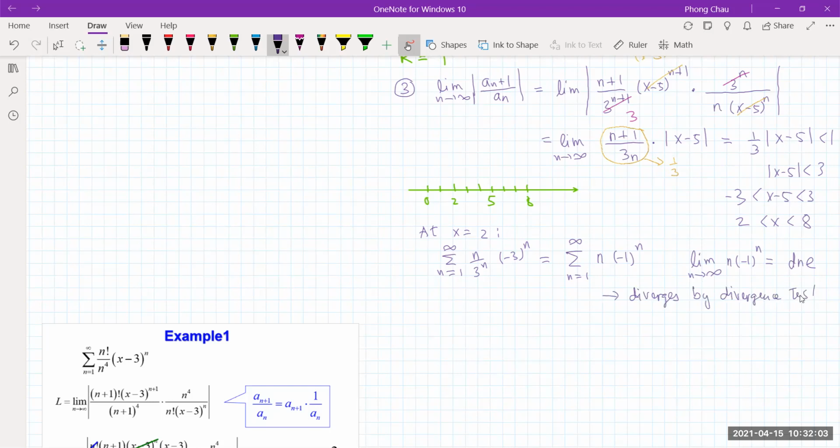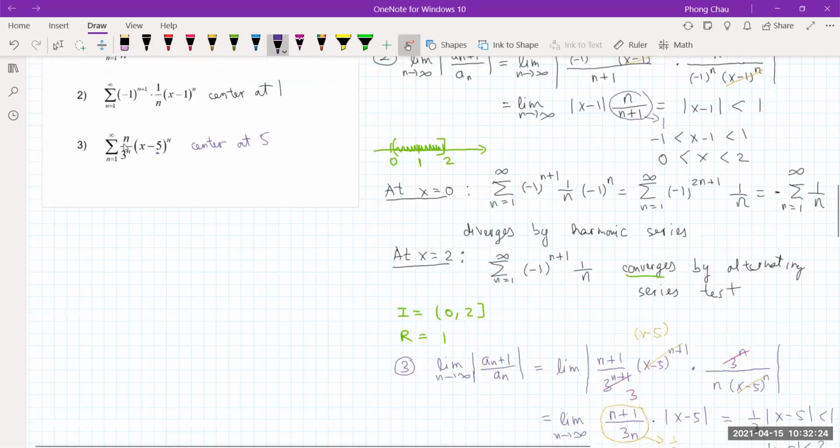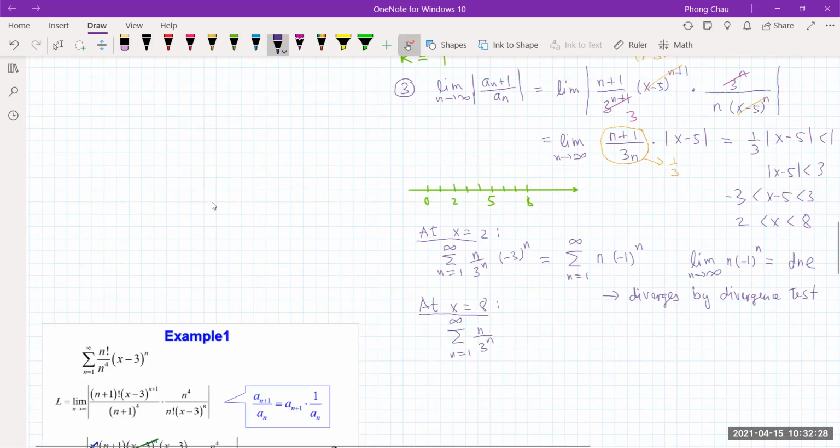Now at the other end, if I'm checking x equal to 8, our series is n over 3 to the n from 1 to infinity, but then I have 8 minus 5, that is 3, so it becomes 3 to the n.